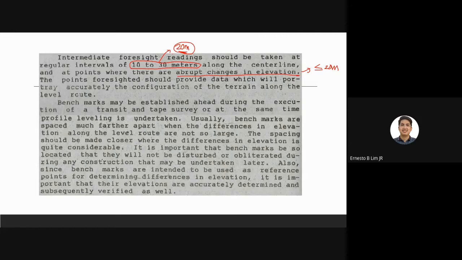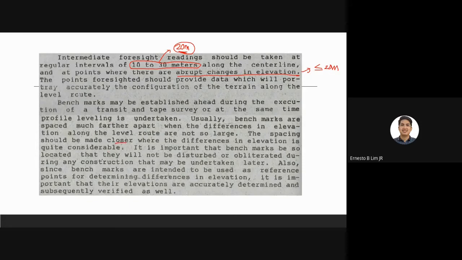Usually benchmarks are spaced much farther apart when the differences in elevation along the level route are not so large. The spacing should be made closer where the differences in elevation are quite considerable. Okay, so that is the condition there.